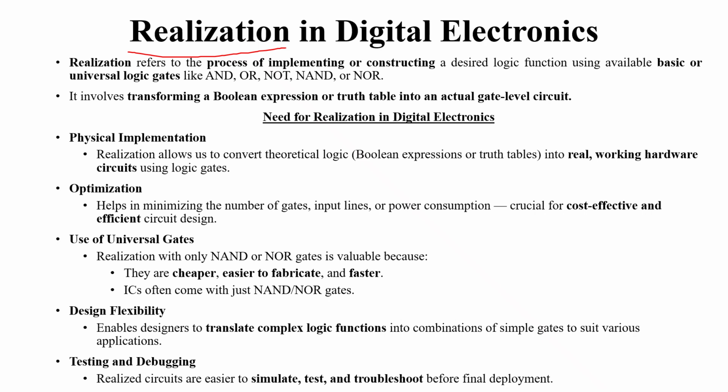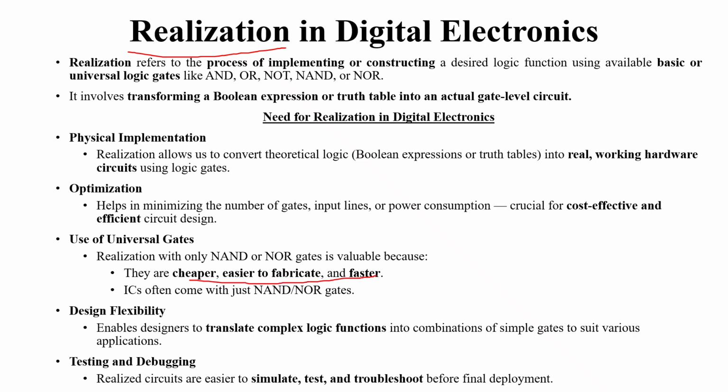When we go for OR gate and AND gate, we will be consuming much more power, and the resources for utilizing the inputs and the number of gates will be very high when compared to these two gates. The use of universal gates is valuable because it is cheaper, easier to fabricate, and faster.